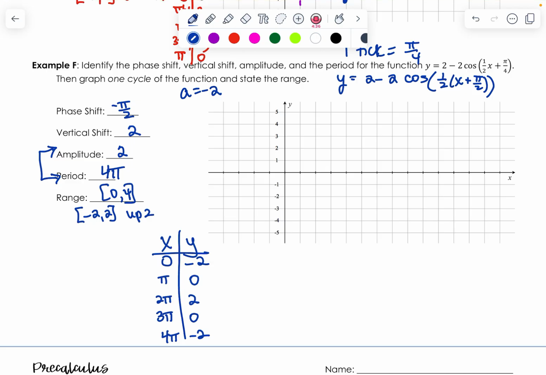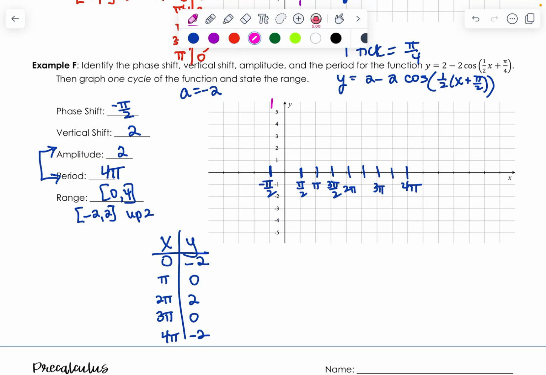So my phase shift is pi over 2, and the length on my table is pi. So I'm going to go ahead and go by pi over 2's. Okay, so I got that in.